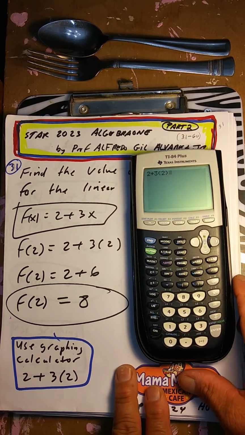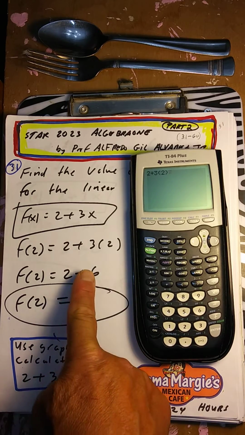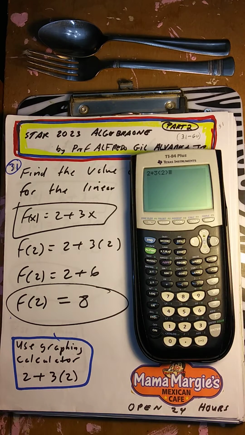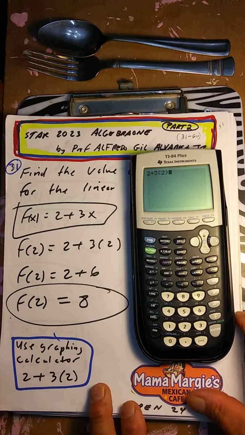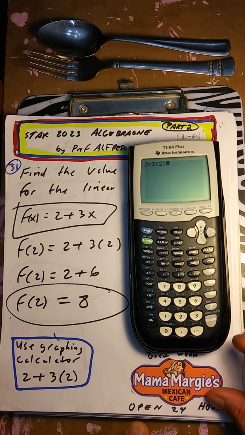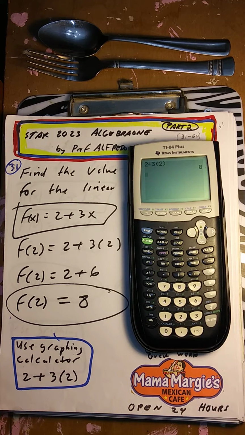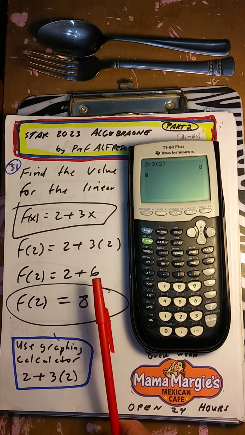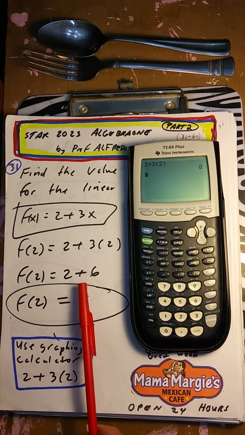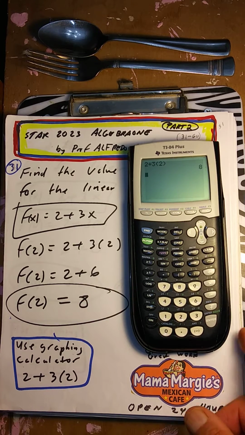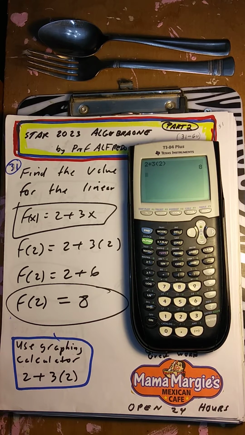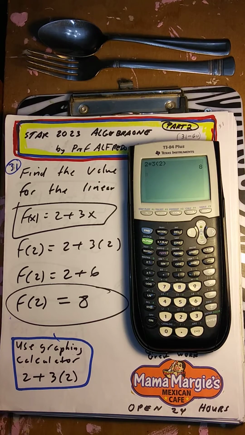But the calculator can do all that at one time. So you can just hit enter and it'll work it out and give you the answer, 8. It does the order of operations for you: 3 times 2 is 6 and then add the two numbers is 8. So you can use a graphing calculator, and yes, you can use it, of course.